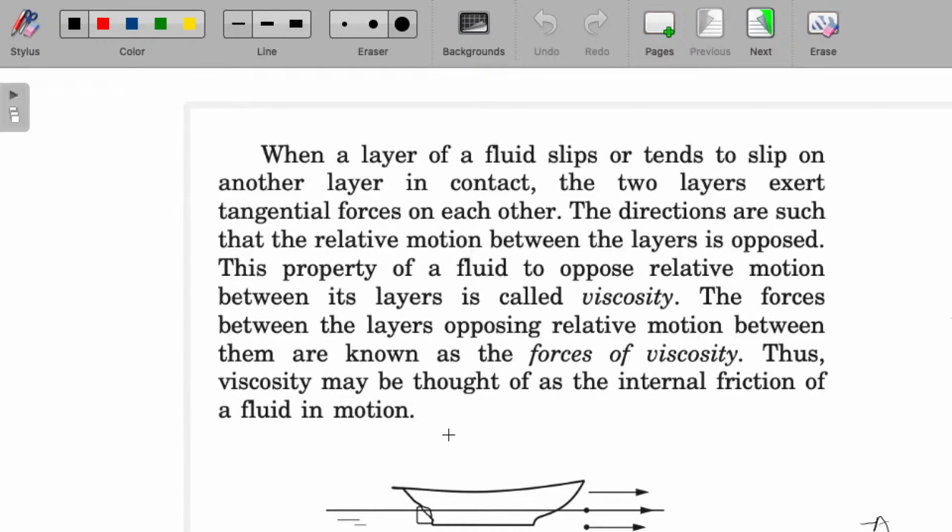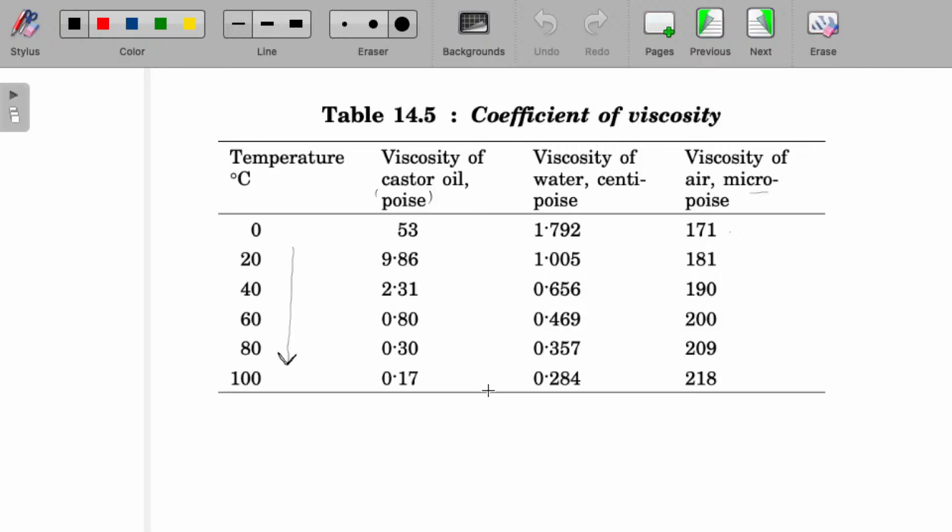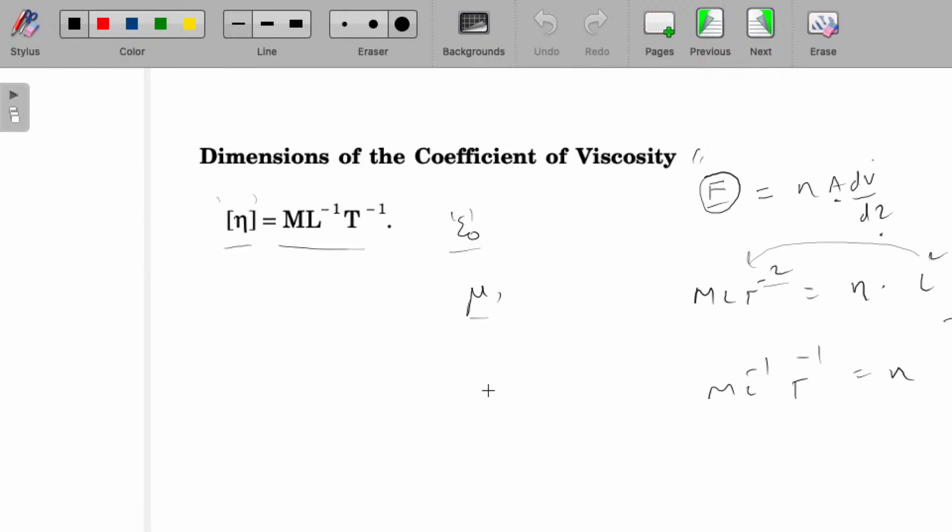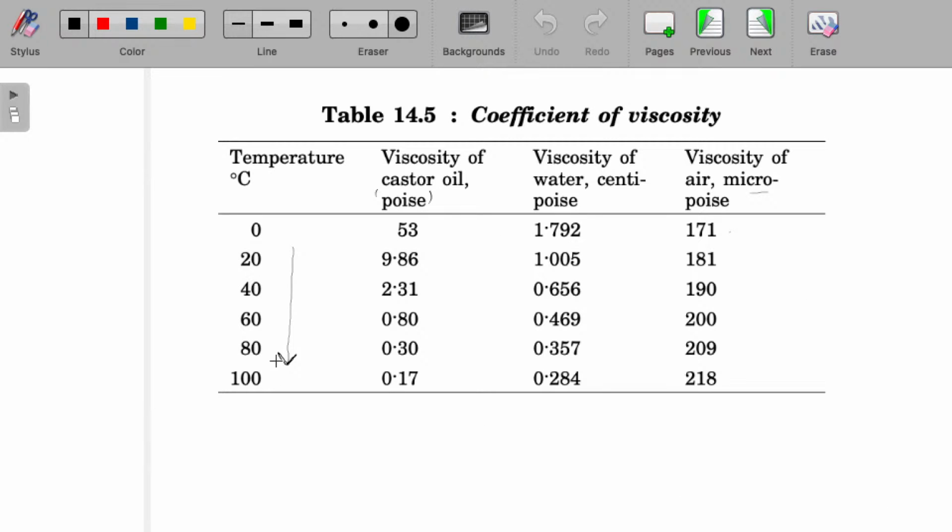Okay, so what happens to these molecules as the temperature increases? So we can very easily find out, yes, in the fluids, especially in the liquids, right? You notice in the liquids as the temperature increases, what happens? The separation between the molecules will increase, right?